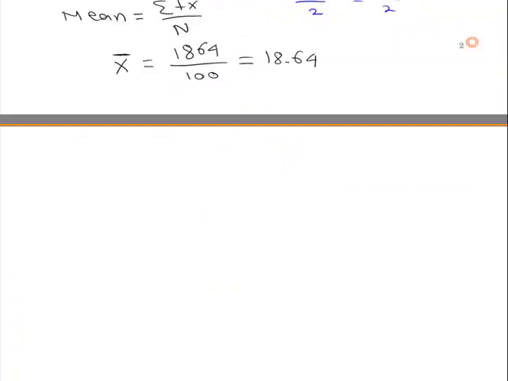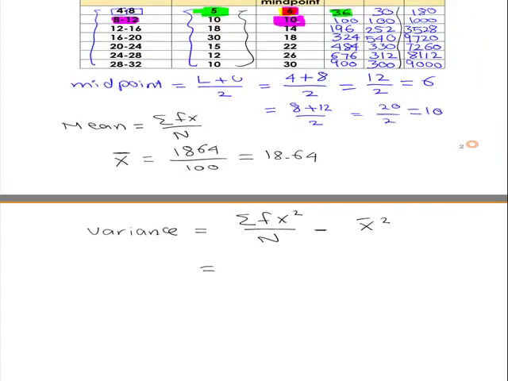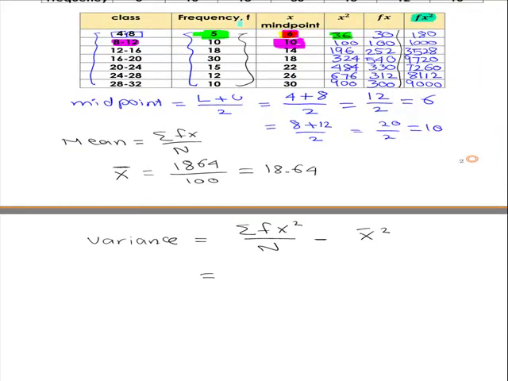This is what we call x bar, the mean. And then to find the variance, according to the formula, it is equal to the summation of the frequency multiplied by x square, dividing by n, minus the mean square. So let's substitute. What is the summation of fx square?